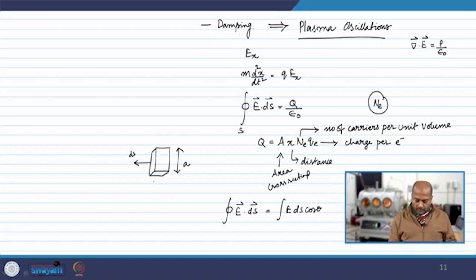Now, using all this, we can write, this is of course A, right, and this one is dz. So, Ex ds cos theta, right. Let us say we write Ex A delta z cos of 180.